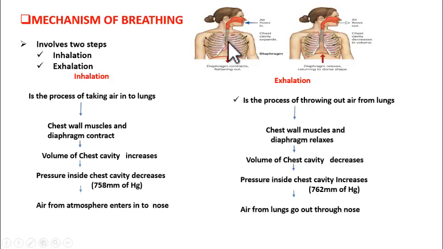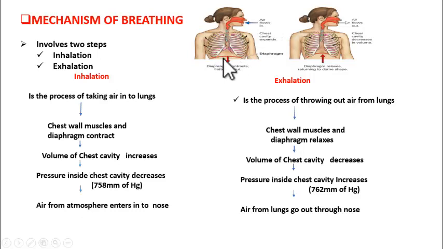So when pressure decreases, how much does it decrease? It decreases by 2 mm of Hg, and now the pressure is 758 mm of Hg. But now in the atmosphere, it is 760. It is 758 here. Naturally, gas or air rushes into lungs. That is what happens during inhalation.